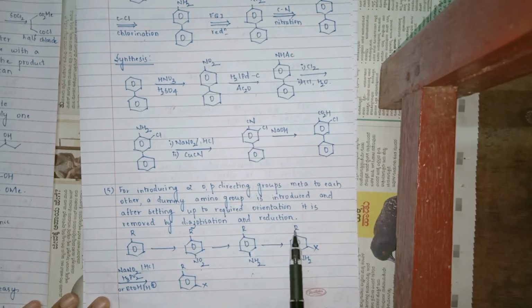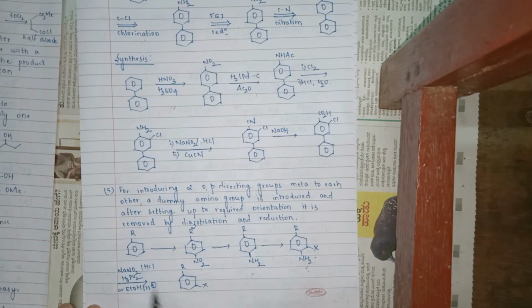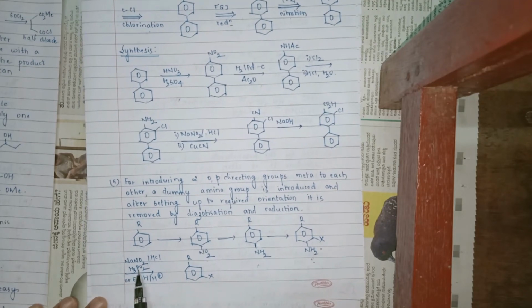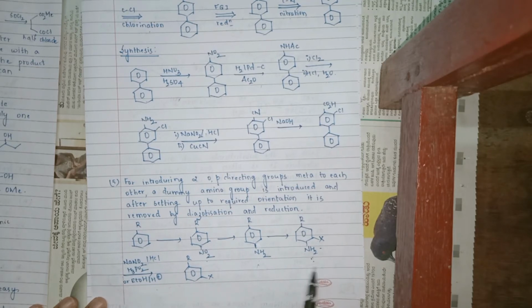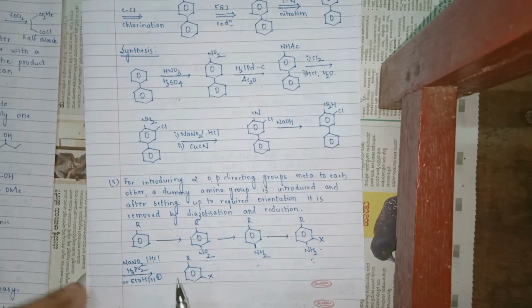They are both ortho-para directing, but because the para positions are already occupied, with respect to R we can easily introduce this X at the meta position. Further, in the presence of NaNO2, HCl and H3PO2 or ethanol, in a protonic environment, I can easily remove this NH2, and meta with respect to the electron donating system, another electron donating system can be easily introduced.